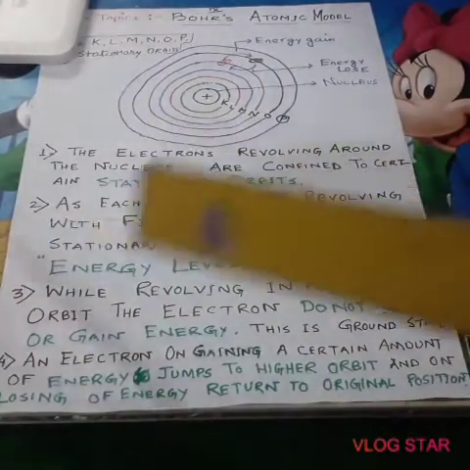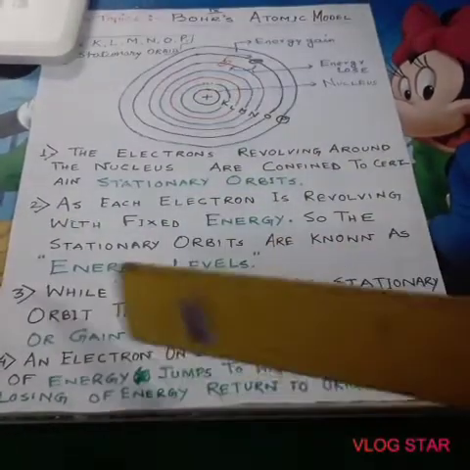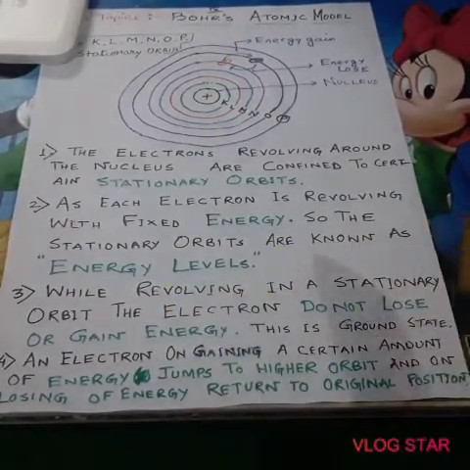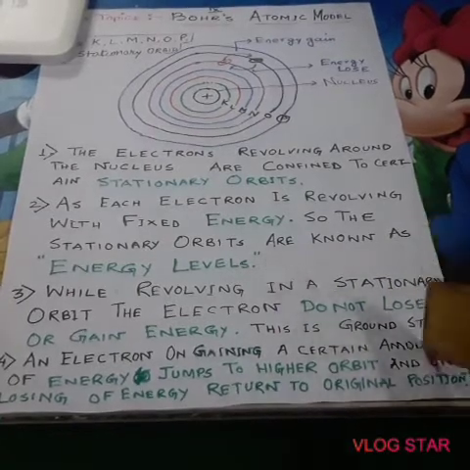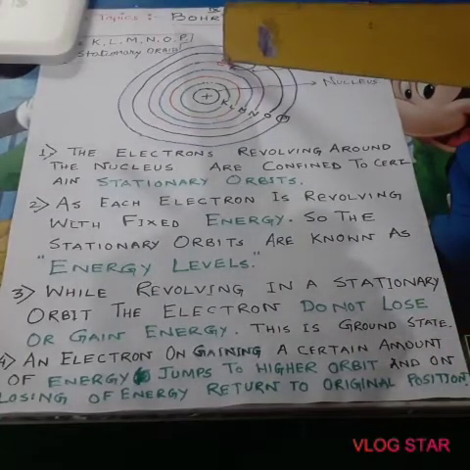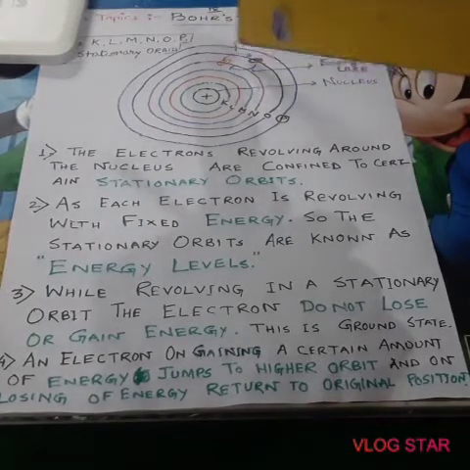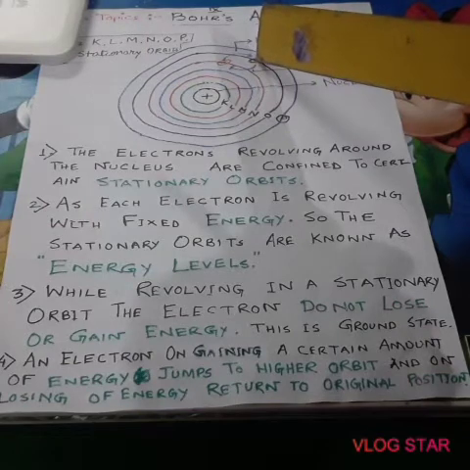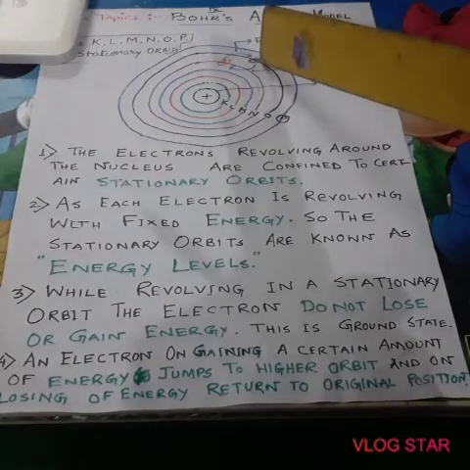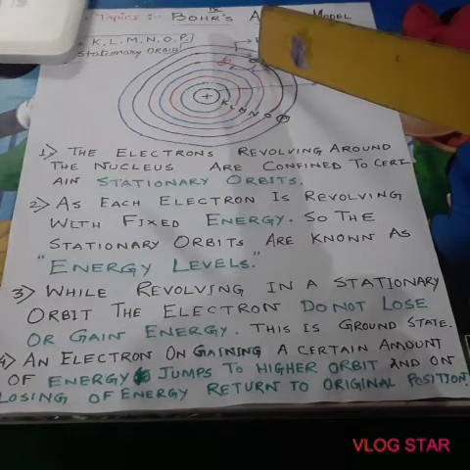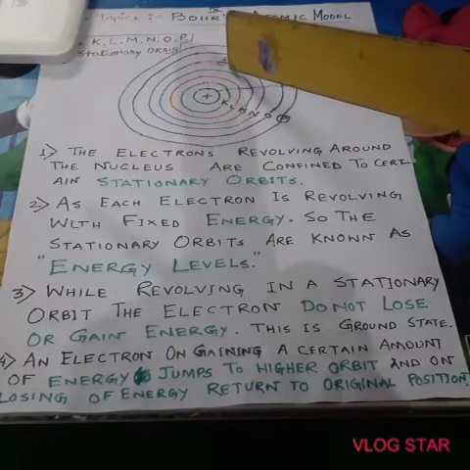The fourth point states that an electron, on gaining a certain amount of energy, jumps to a higher orbit, and on losing energy returns to its original position. When an electron gains energy, it jumps to the next higher orbit, or when the electron loses energy, it jumps to the next lower orbit.